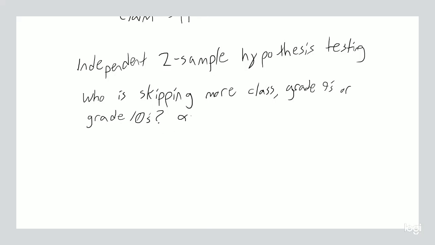We're going to use a significance level of 0.01, and we have the following data. Okay? For number of classes skipped. So for the grade 9s, we have a sample mean, and let's say we're looking at it over the course of a month.